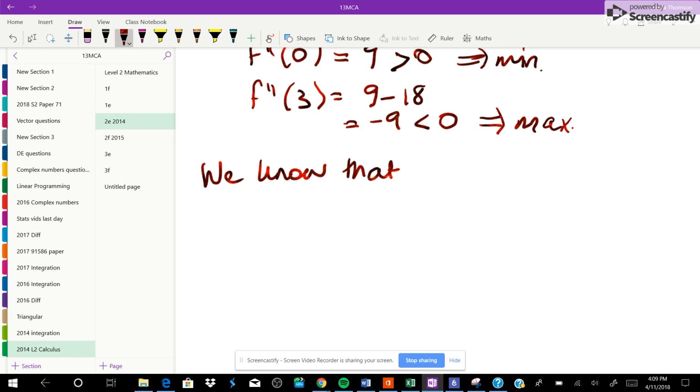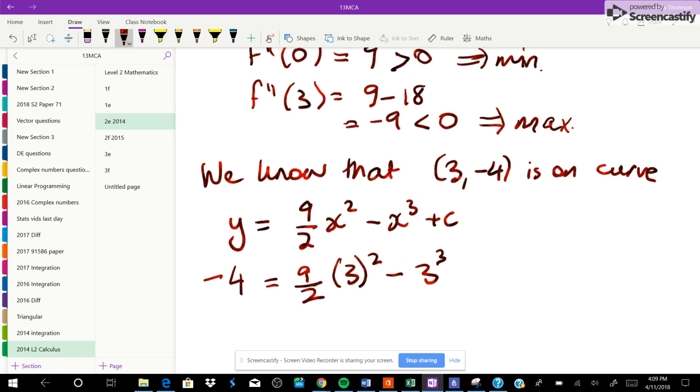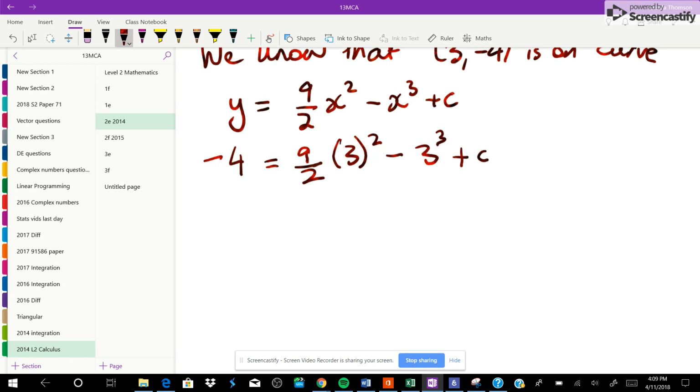So now we know that 3, -4 is on the curve. And we know that the curve is equal to 9/2 x squared minus x cubed plus c. So substituting in, we get -4 is equal to 9/2 times 3 squared minus 3 cubed plus c. -4 equals 9/2 times 9 minus 27 plus c.